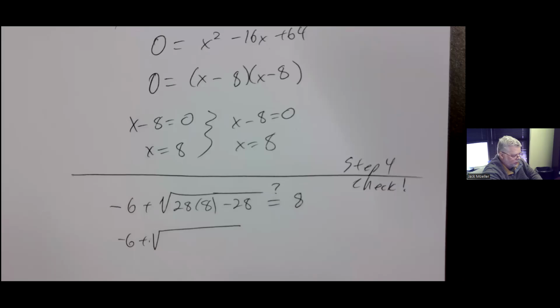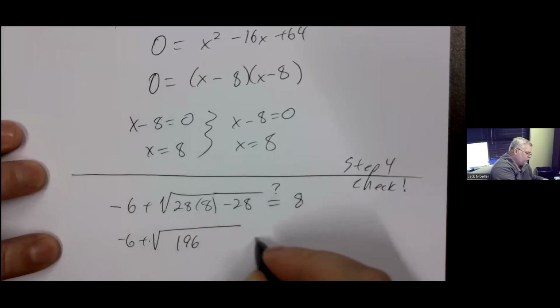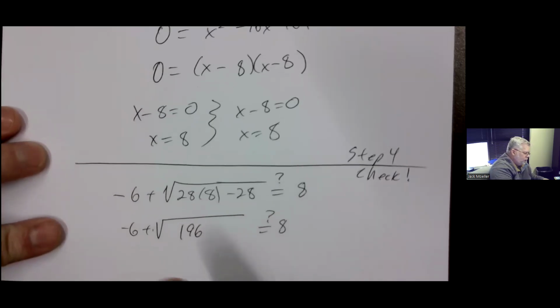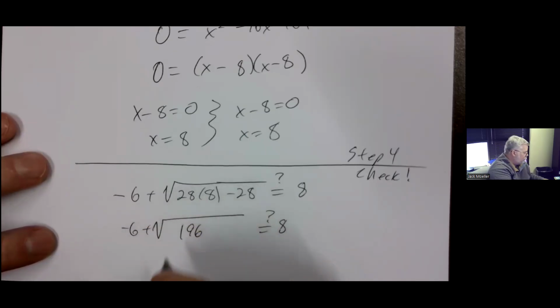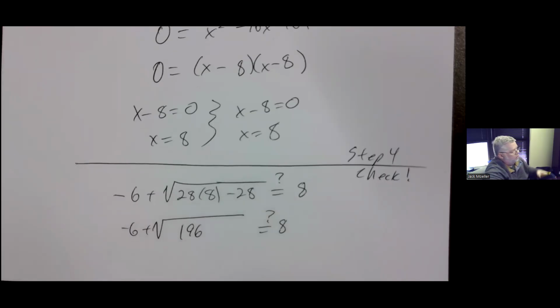I'm going to grab a calculator. Yes, you are allowed to use your calculators. And then the square root of 196. If you don't recognize that, that's what your calculator's for. Let me double check just to make sure. That is 14, yes. Okay.